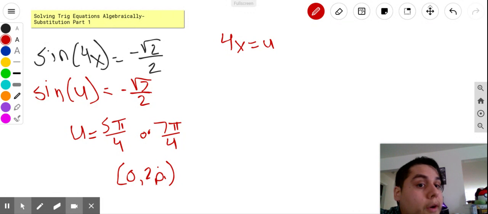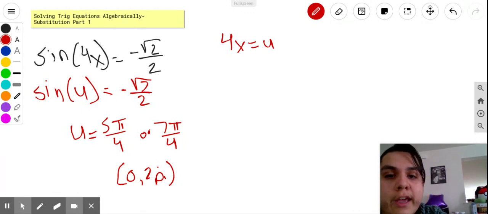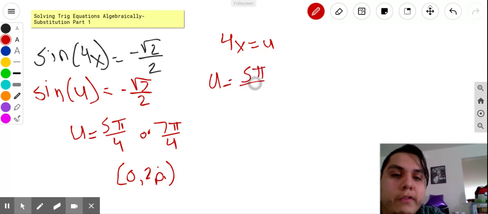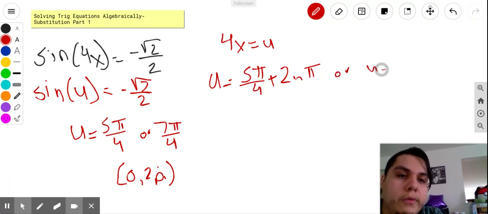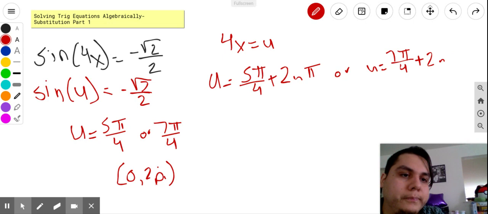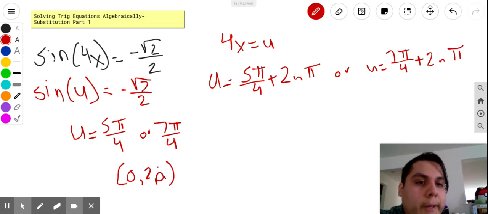So like I've been doing all this time, I could say that u could equal 5 pi over 4 plus 2n pi, or u could equal 7 pi over 4 plus 2n pi. Right? So I'm pretty much done at this point, right? Except my answer is in terms of u, and I need my answer to be in terms of x.